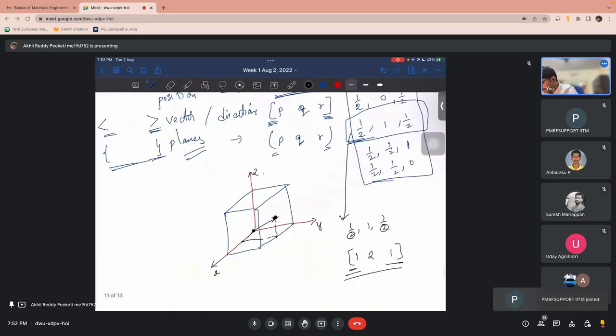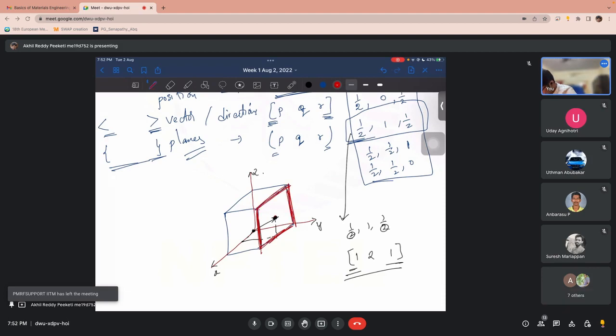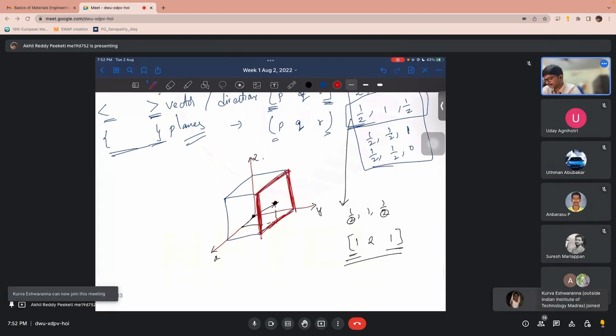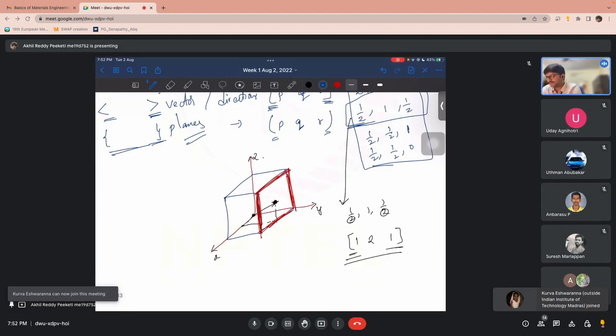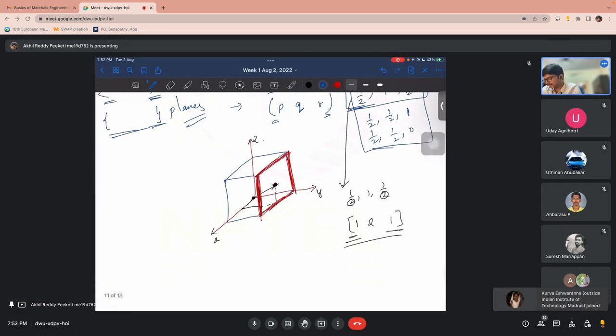Now what if we are talking about this plane, Miller index for a plane? If you are talking about planes, you should first look at the intercepts. So this plane is actually parallel to the x-axis and parallel to the z-axis and intercepting y at b.